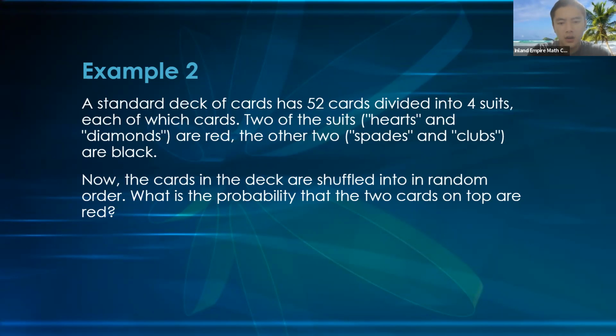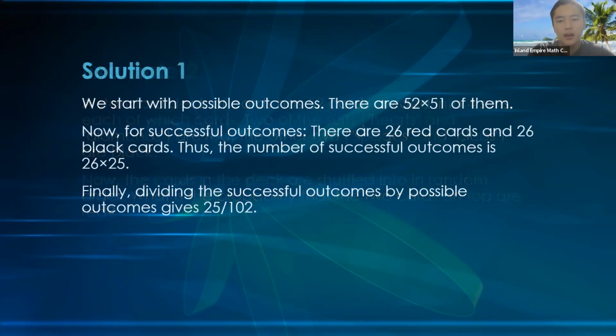All right, so why don't we solve this? Let me just go ahead and show the solution and I'll explain it to you guys step by step. So again, probability is a very simple concept, right? Probability is simply the number of desired outcomes over the number of possible outcomes.